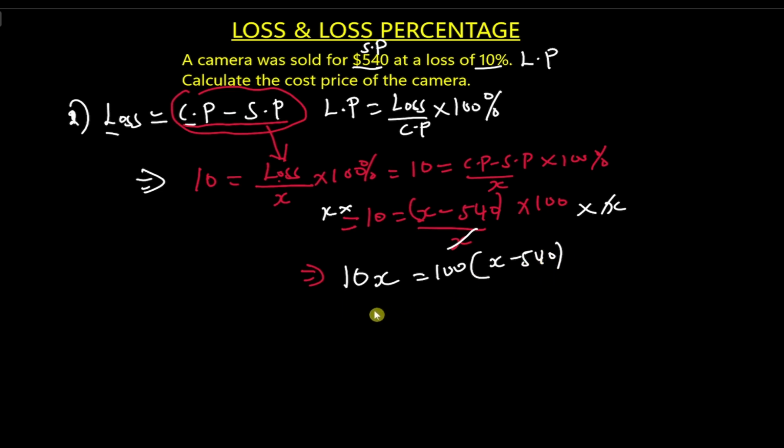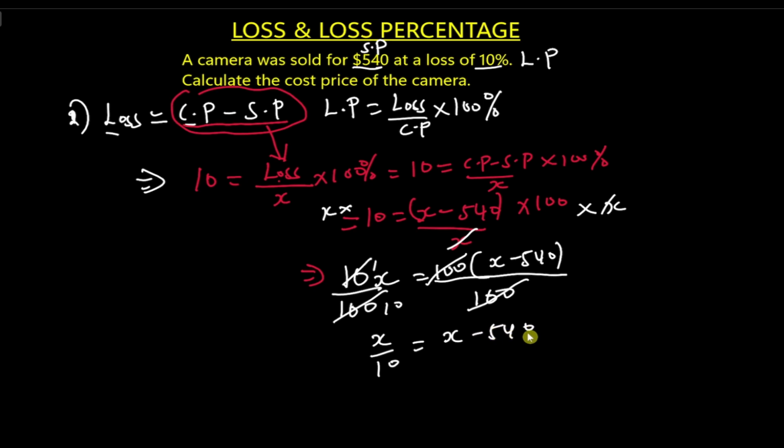Let's divide both sides of the equation by 100. Over here by 100, and also here by 100. The 100 crosses out, and 10 goes into 100 once. So we are going to have x over 10, which is equal to x minus 540.